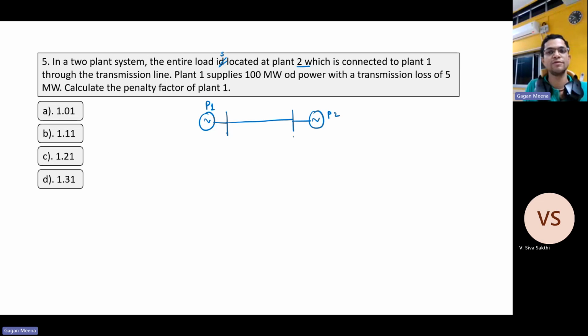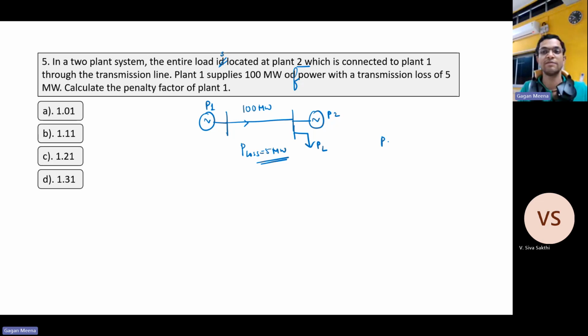This is plant 2, and the entire load is connected here. If plant 1 supplies 100 megawatt of power, with the transmission loss P loss given as 5 megawatt, we want to calculate the penalty factor.